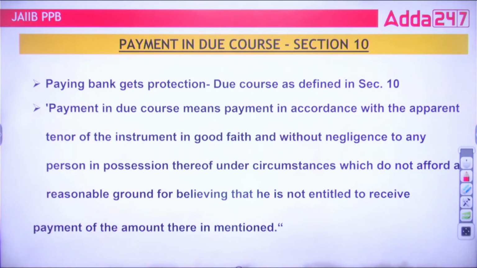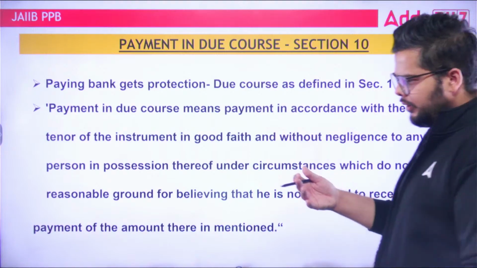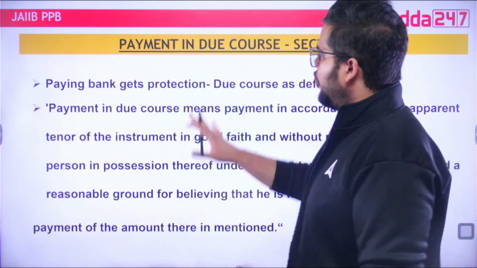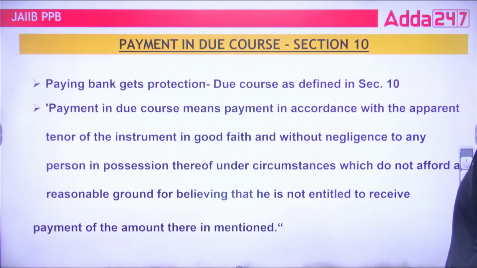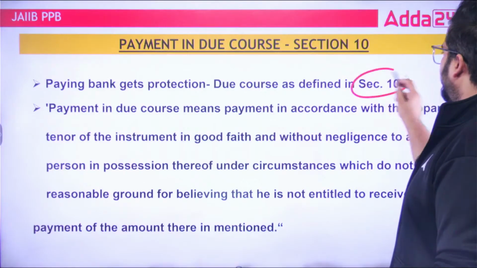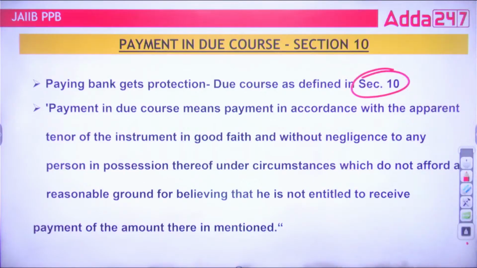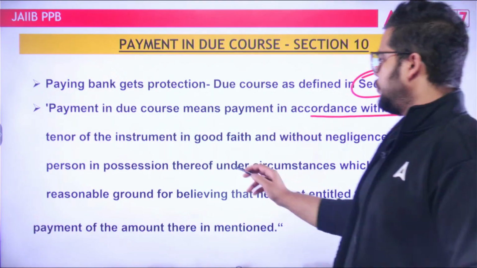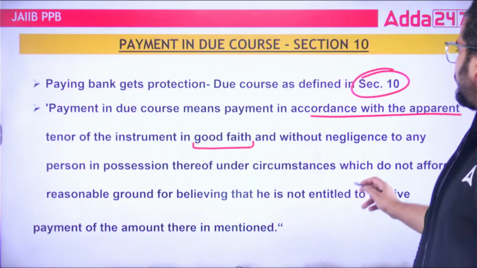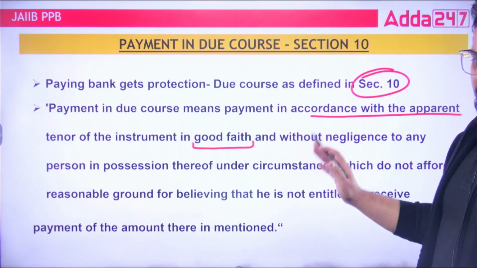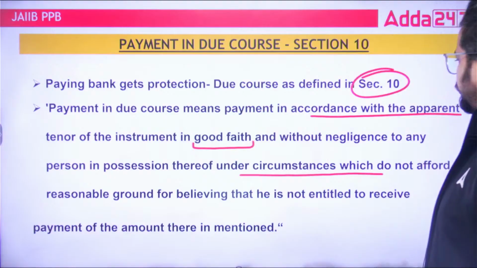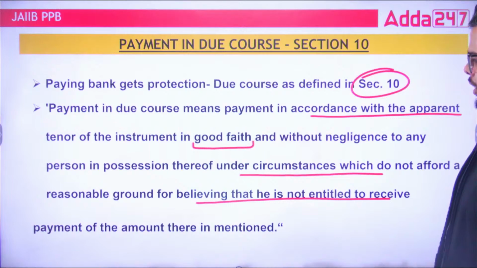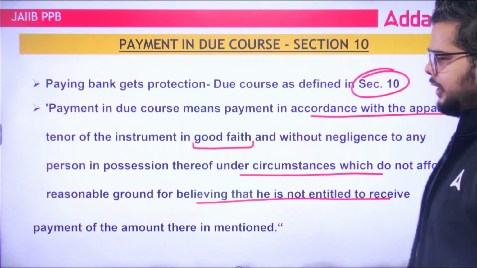Okay, now payment in due course. Right now you are not paying the amount; in due course it will be settled. So the paying bank gets the protection. Due course is defined under section 10 of the NI Act. It means payment in accordance with the apparent tenor of the instrument, in good faith and without negligence, to any person in possession thereof, under circumstances which do not afford a reasonable ground for believing that he is not entitled to receive the payment of the amount therein mentioned.